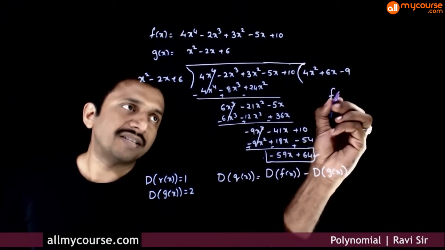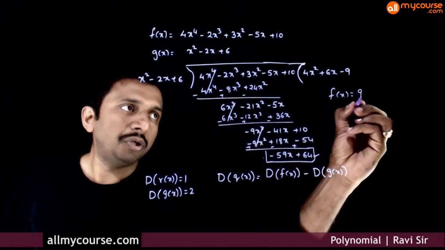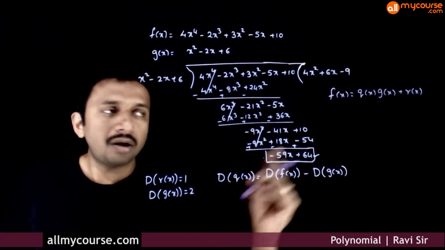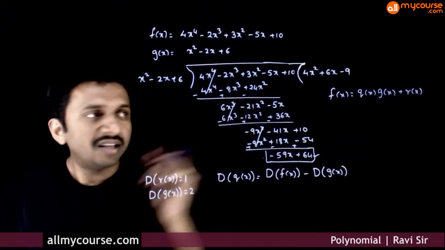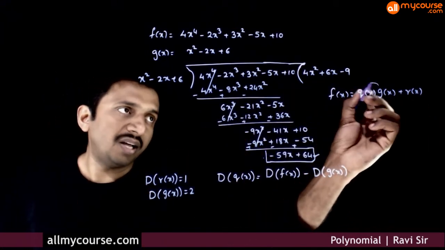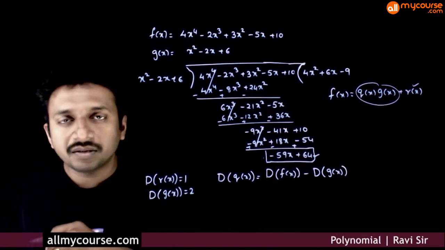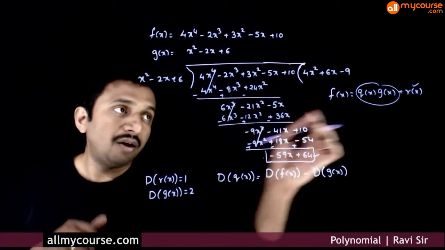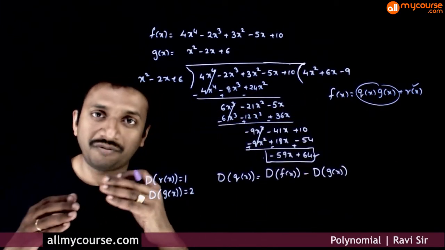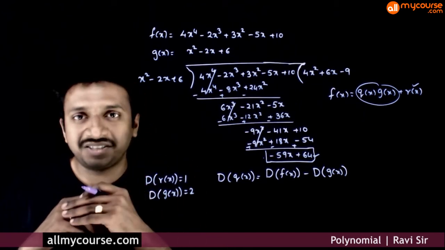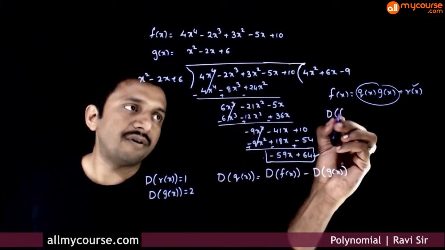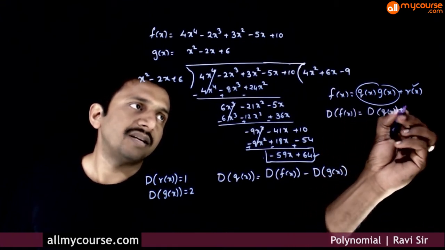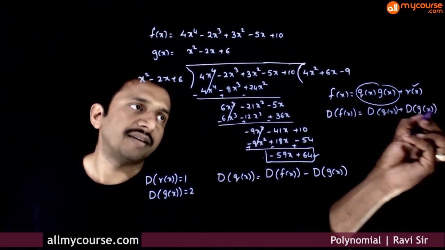Because f of x is equal to q of x times g of x plus r of x, and the degree of r of x is less than the degree of g of x, q of x into g of x has more degree than r of x. So the effective degree of the whole expression is the degree of this expression. And what is the degree of q of x into g of x? Degree of q plus degree of g. So the degree of f of x is equal to the degree of q of x plus the degree of g of x.